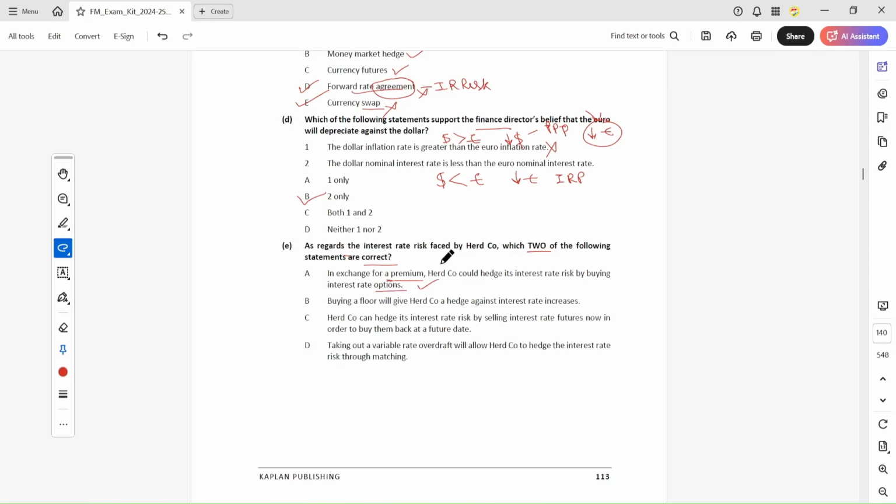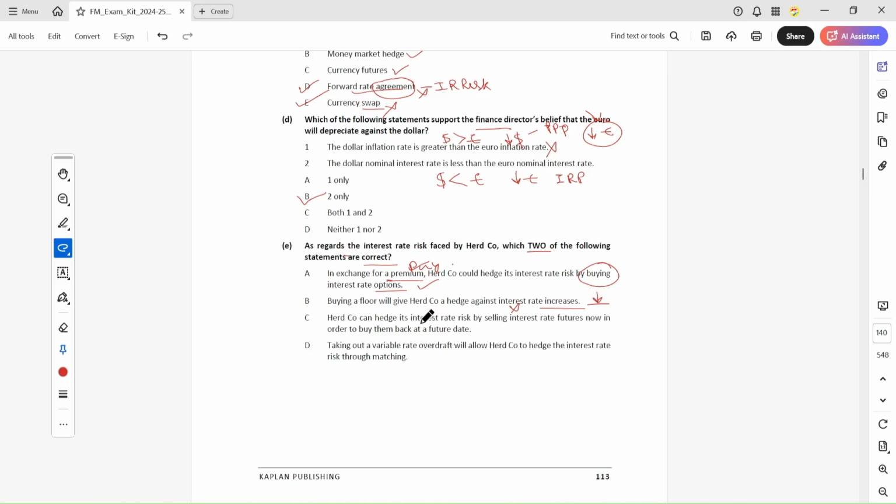Yes, because when we buy the option, we pay the premium, right? Buying a floor will give Hard company a hedge against interest rate increase. No, a floor means a hedge against a reduction in interest rates. So this is incorrect.